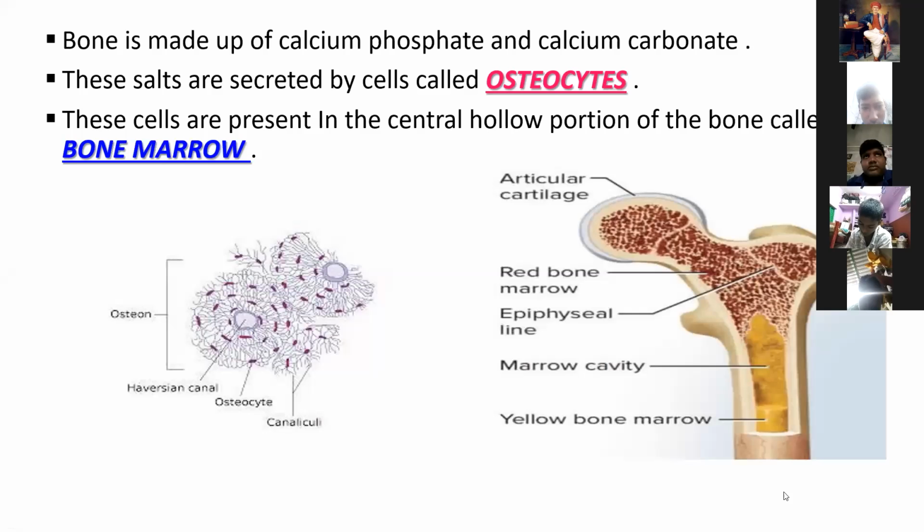Next, the bone is made up of calcium phosphate and calcium carbonate.